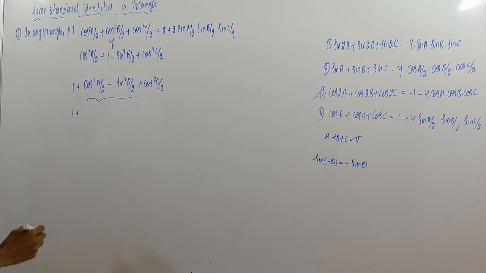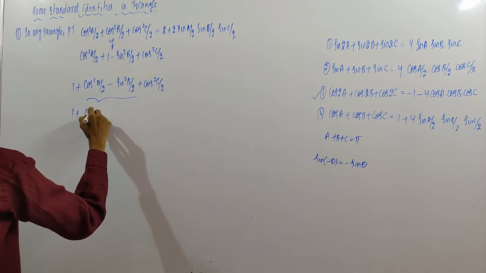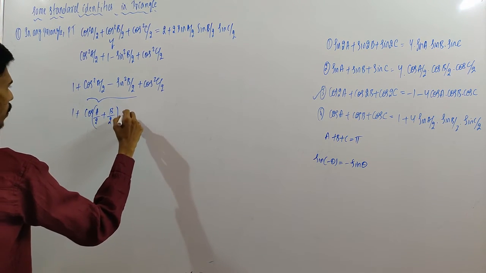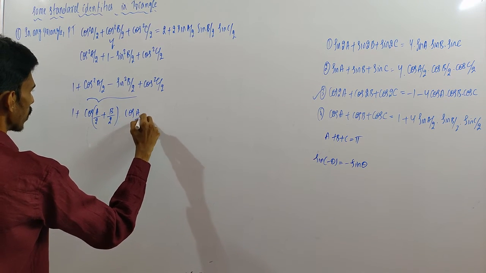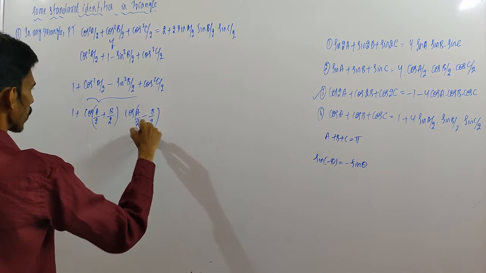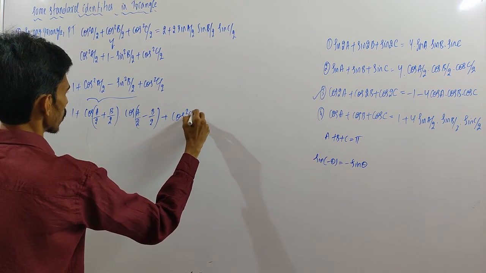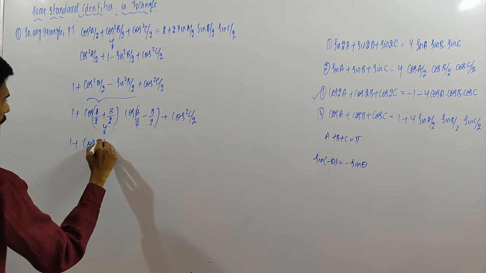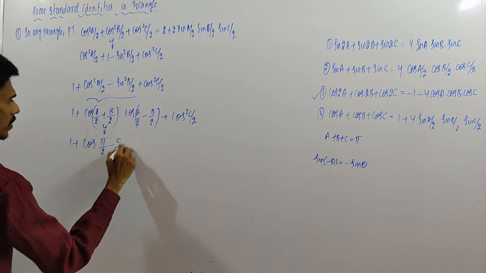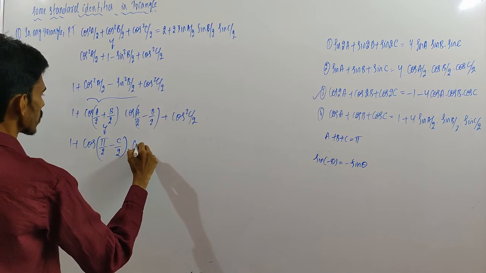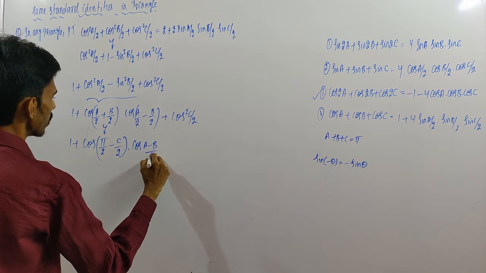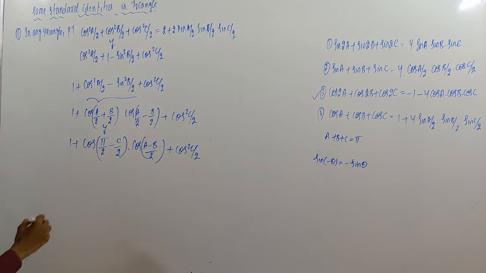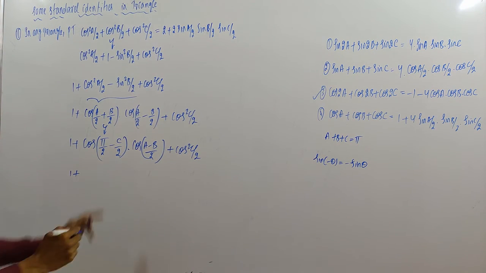Now apply cos square A minus sin square A formula. We have cos (A by 2 plus B by 2) into cos (A by 2 minus B by 2) plus cos square C by 2. That will become 1 plus cos, this value is pi by 2 minus C by 2 into cos (A minus B by 2) plus cos square C by 2. 1 plus cos (90 minus theta) is sin theta.